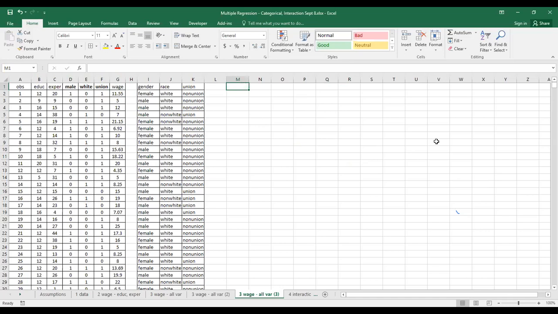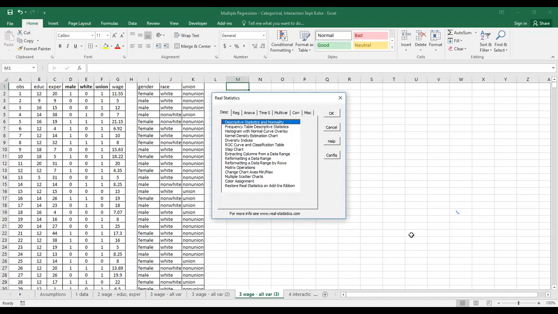Okay? So again, add-ins. Minsan guys, pag nawawala yung add-ins, you press Control M. Control M, lalabas yung function ni real stats, no? Control M sa desktop, sa Mac yata, I'm not sure, Command M yata.